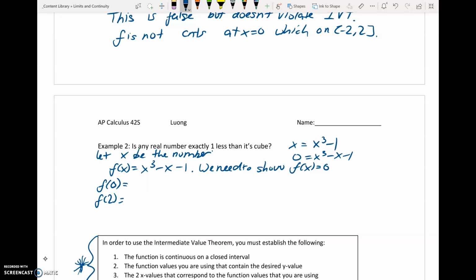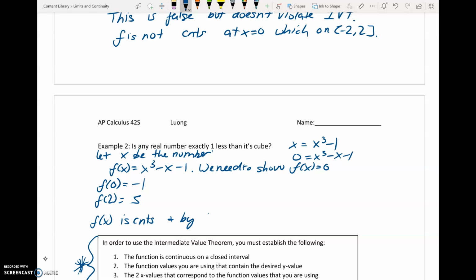So if I plug a 0 in, I'm going to get -1. If I plug a 2 in, 2 cubed minus 2 minus 1 is 5. And look, 0 sits in between -1 and 5. So we also know f of x is a continuous function, and this is because this is a polynomial.